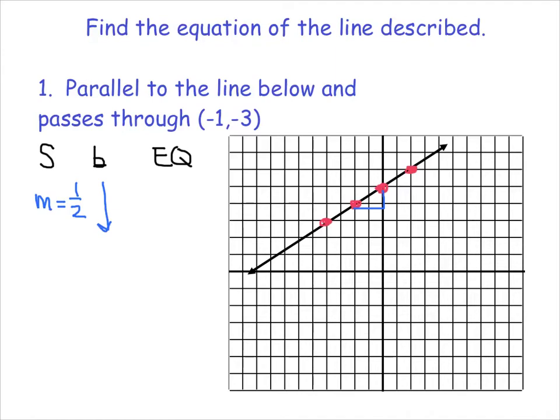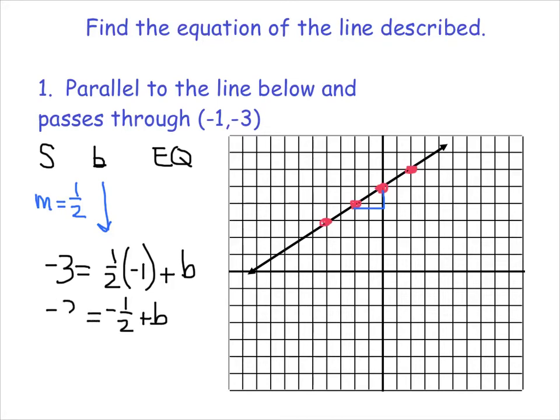So we're going to plug in negative 3 as y, 1/2, negative 1, plus the b. So that gives us a negative 1/2 plus b equals a negative 3. We're going to add a half to both sides.